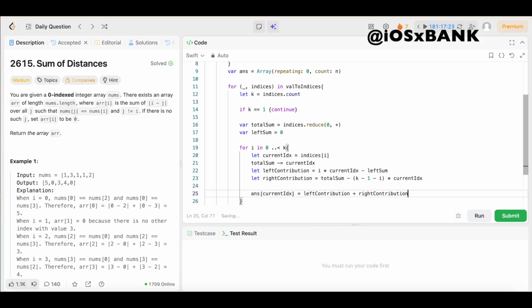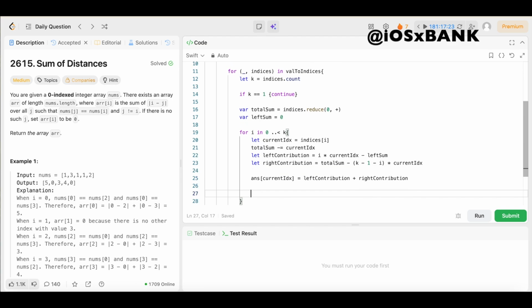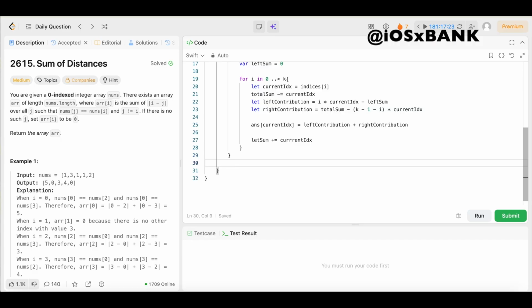Boom. And then we're going to add the current index to the left sum for the next iteration, by coming underneath this and saying leftSum += currentIdx. Boom. Then we're going to return the final result by coming down here, and we can say return ans, y'all.